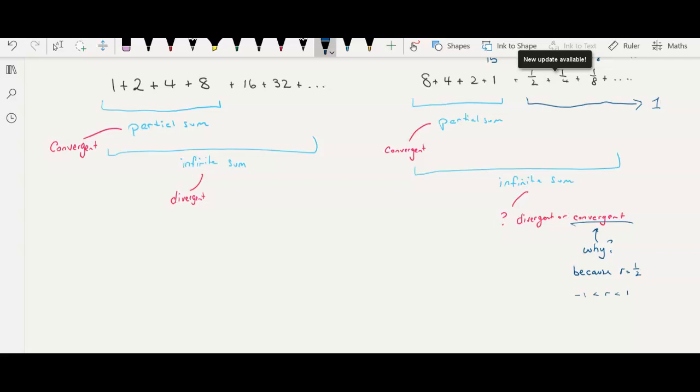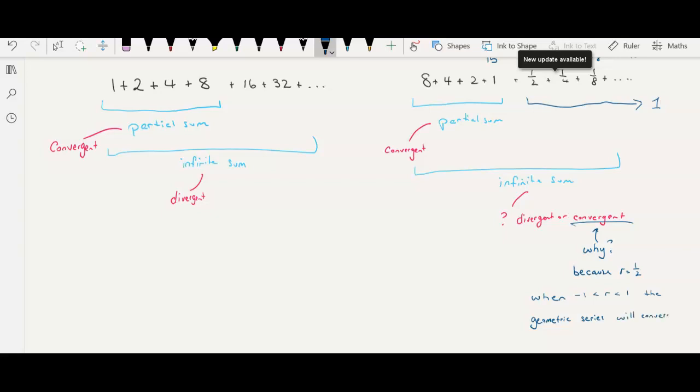So when our common ratio is between these values, the geometric sequence or series will converge.